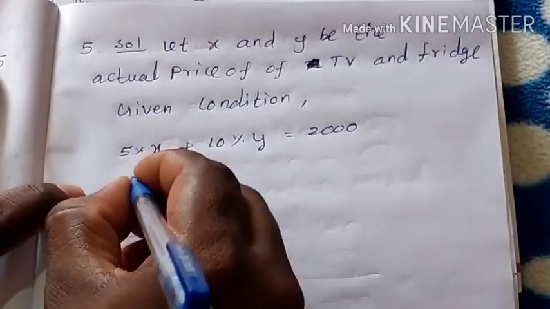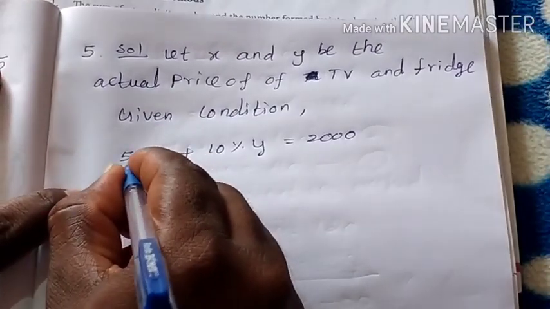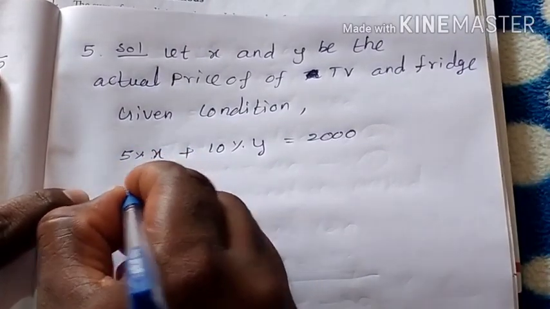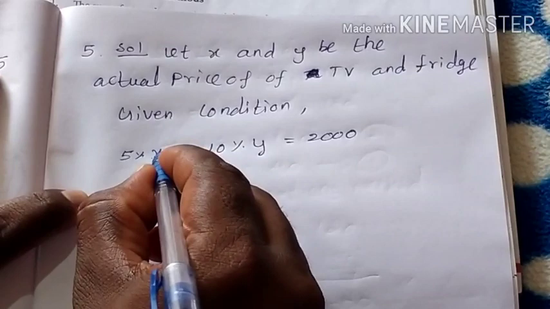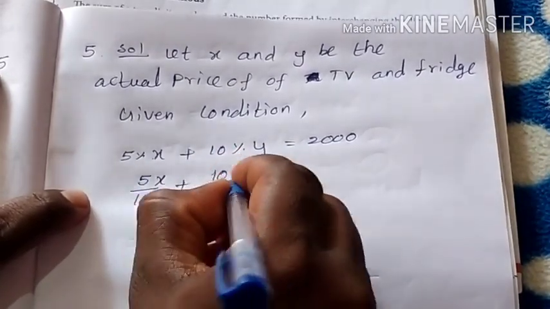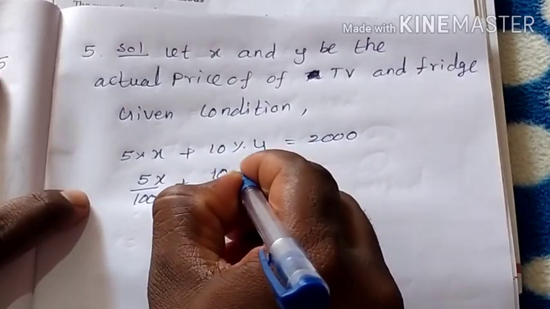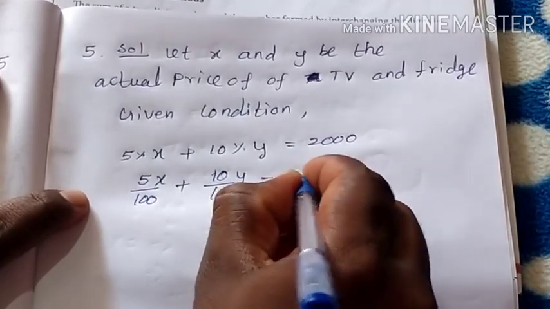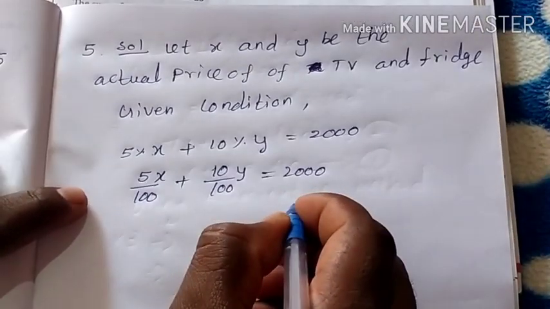Okay, this can be written: 5% can be written as 5 divided by 100 into this x, plus the 10% can be written as 10 divided by 100 into y, which is equal to 2000. Have you understood?